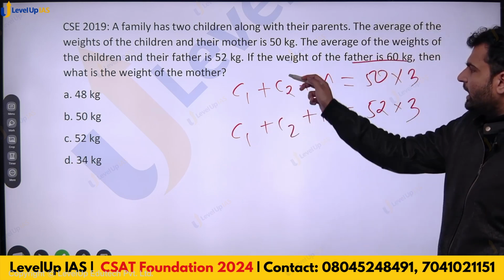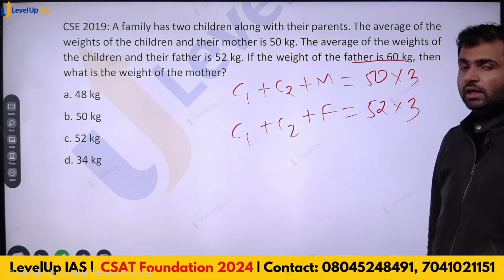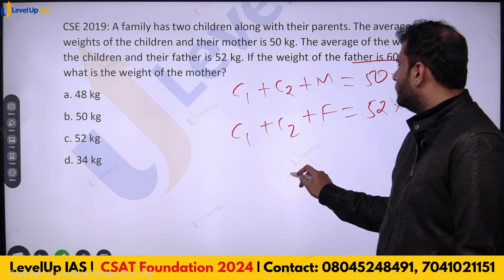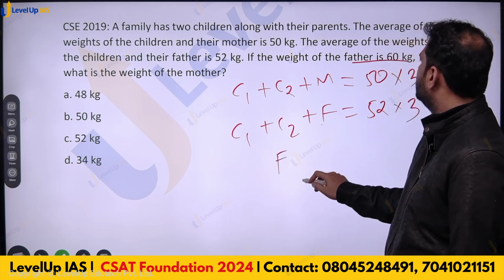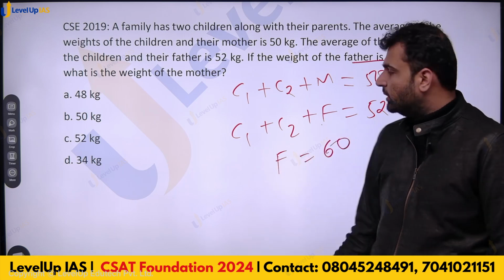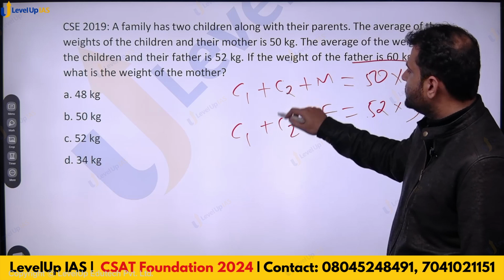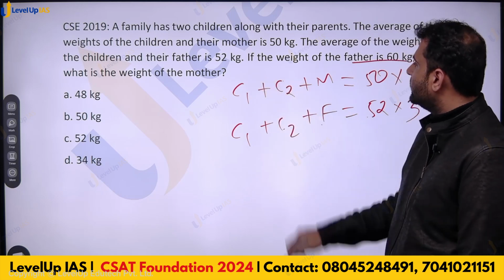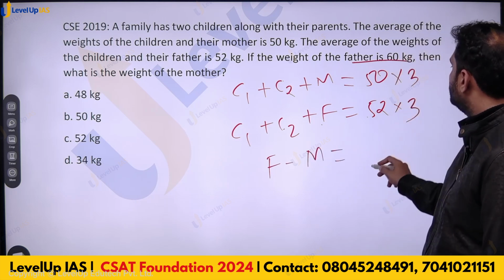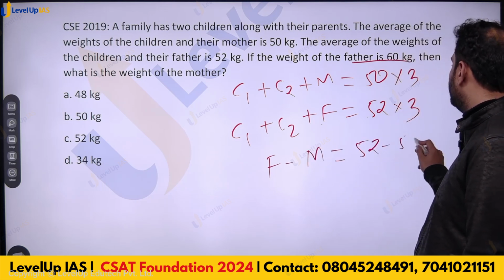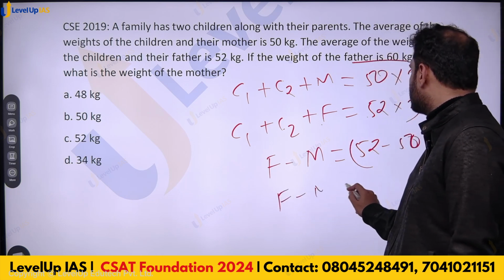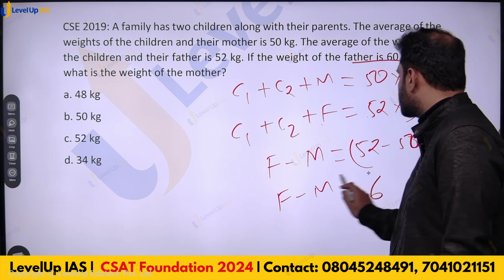See, simply if we subtract the first equation from the second, we'll get an equation in father and mother. And we also have father is equal to 60. So we can get the weight of the mother. So let us just subtract the first equation from the second. C1 and C2 get cancelled. And we'll have F minus M is equal to 52 minus 50 into 3. So F minus M is equal to 2 into 3, 6.